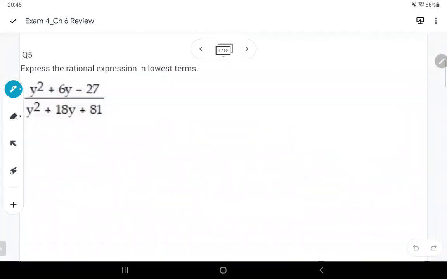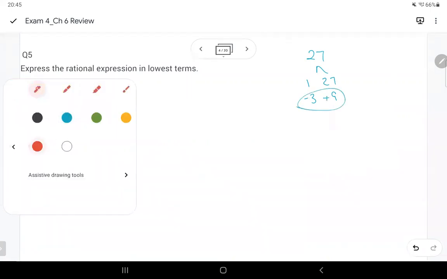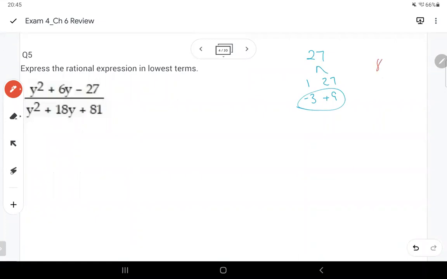So for question 5, you want to factor top and bottom. Factors of 27 that will give us positive 6. So we want a positive 9 and a minus 6. And then we need factors of 81, which if you really wanted to write them out, you could.